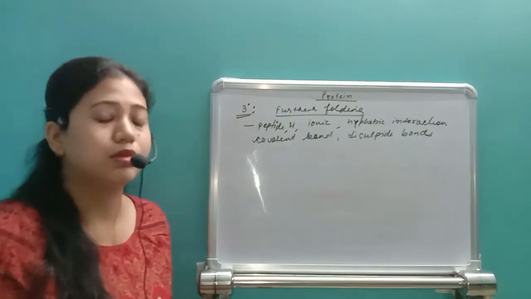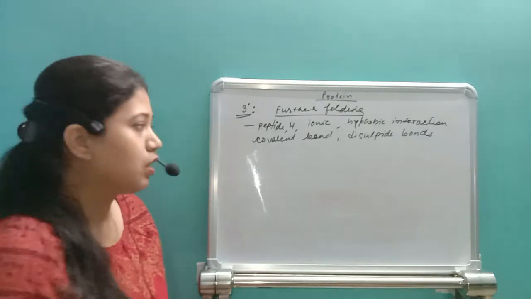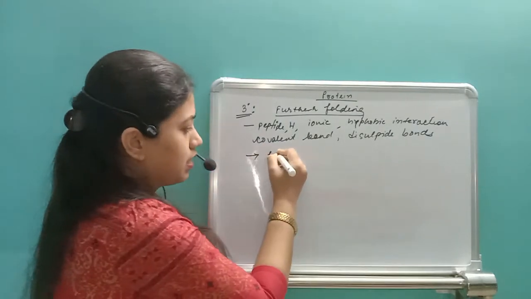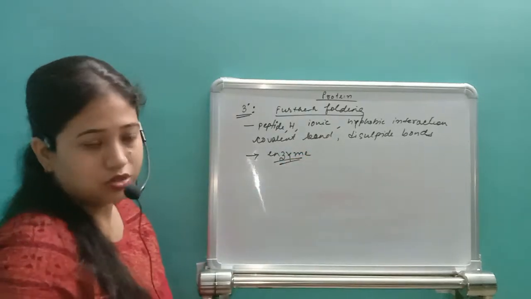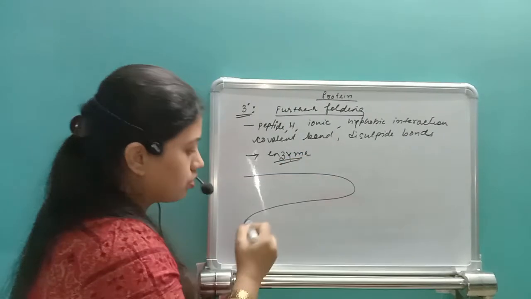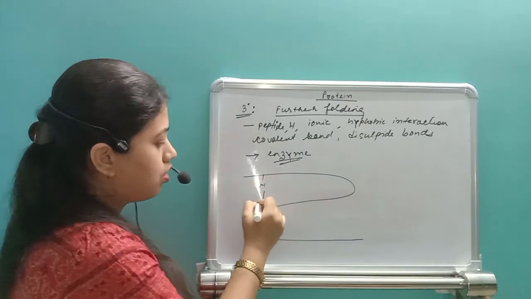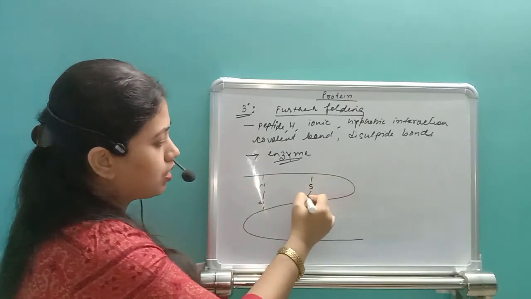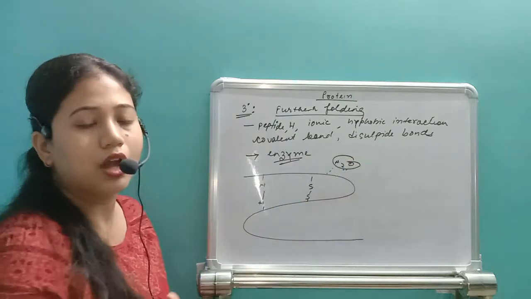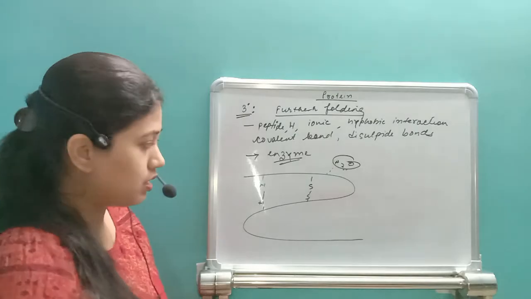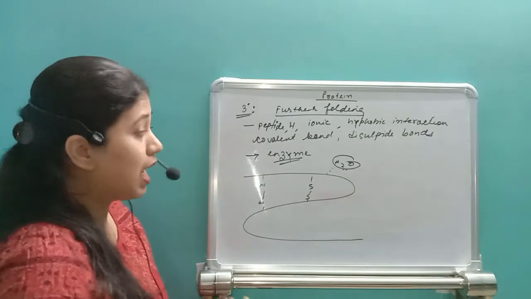As compared to the primary and secondary structure, tertiary structure is more stable. In our body, we have different enzymes. All the enzymes basically have the tertiary structure. So suppose this is a tertiary structure. In that we can have hydrogen bond, we can have disulfide bond, and here suppose a water molecule is here. With this water molecule, the hydrophilic end will start to react, that will be ionic bond.